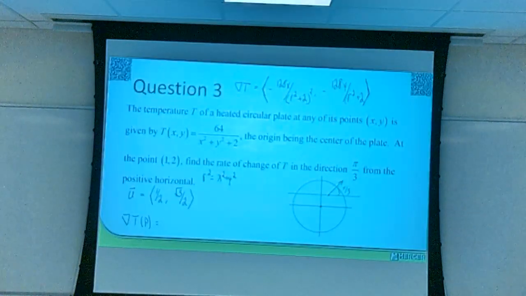Yeah. And then 7 squared, 49. And then it's negative 128, because x is 1 for the first component. Why is it 2 squared? The whole thing's being squared, because the function in the denominator is x squared plus y squared plus 2, which has a power of minus 1. So the derivative being negative, that quantity all raised to the minus 2, and then chain rule. I got you.